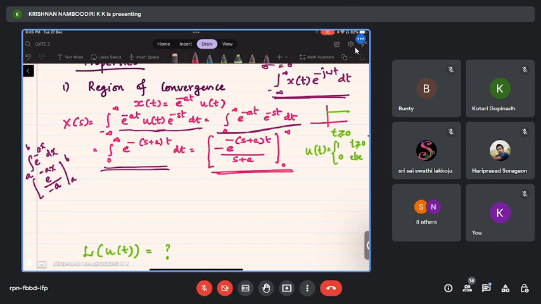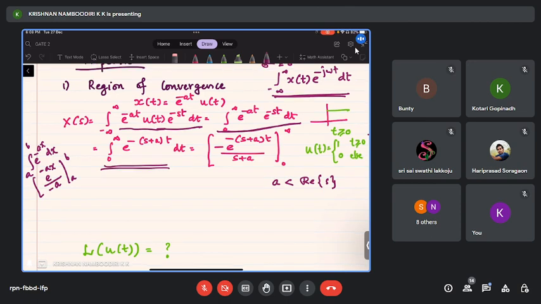This integral, when is this valid? That is the very important question. Suppose the real part of s is less than minus a.